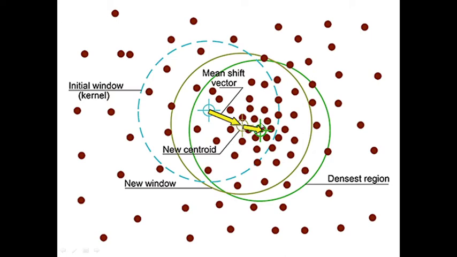The centroid is again shifting towards the right side. You can see, finally my centroid ends here in green color, and if the centroid is shifting, definitely the circle will also be shifting. So from here to here the first shift happened, from here to here the second shift happened.